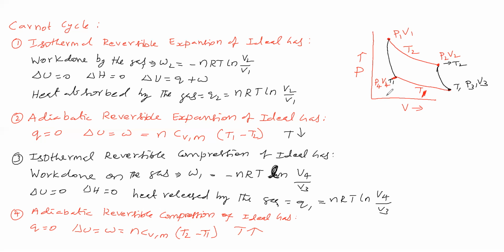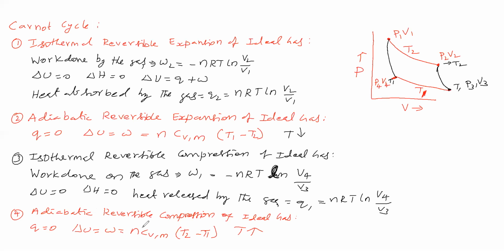What is the work done in this cycle? Now we will see total work done in the cycle. Total work done by the cycle is equal to first step work done. First step is isothermal reversible expansion of ideal gas, work done symbol W2.